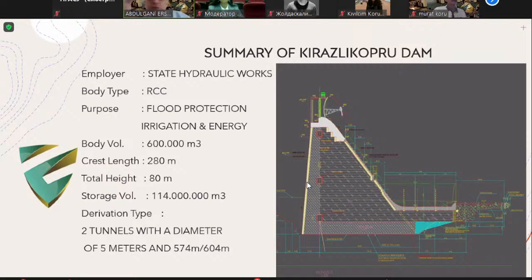Crest length is 280 meters. Total height of the dam is about 80 meters. And storage volume of the water is 114 million cubic meters. There are 2 derivation tunnels with a 5-meter diameter. The first is about 574 meters, and the second one 604 meters.